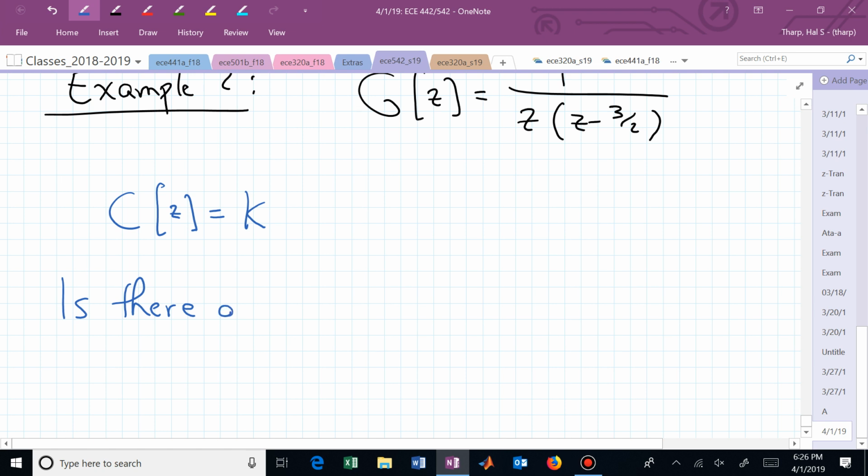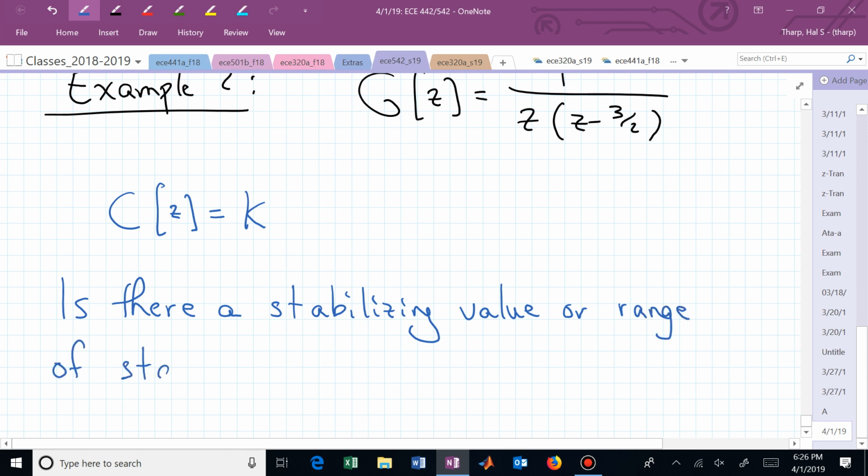Is there a stabilizing value or range of stabilizing values for k?